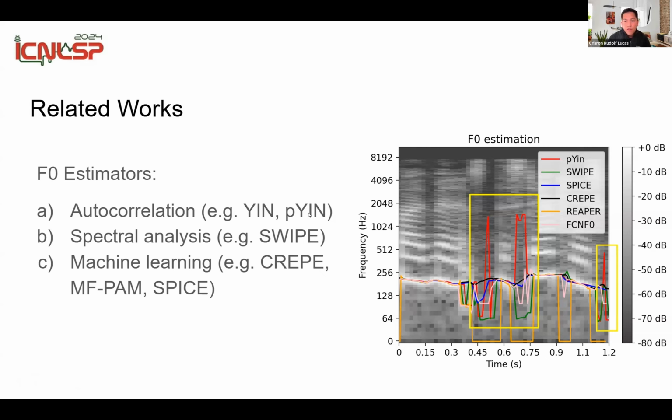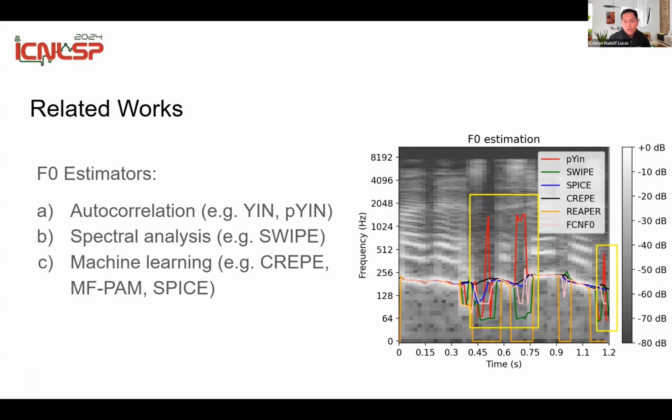You can see in the figure on the right examples of estimates from different popular F0 estimators. pYin is autocorrelation based, SWIPE is spectrum based, whereas SPICE, CREPE, and FCN-F0 are machine learning based. Reaper uses cross correlation.